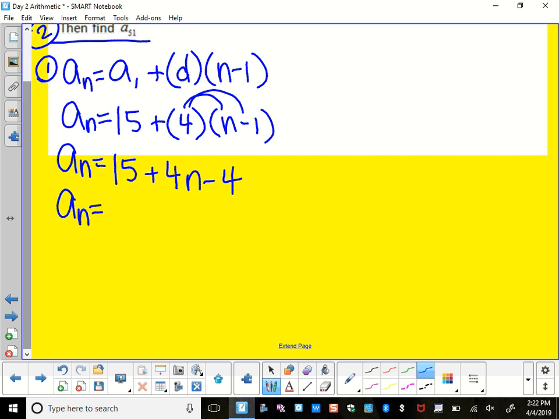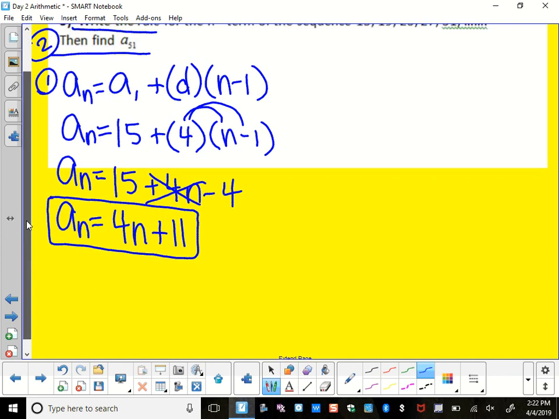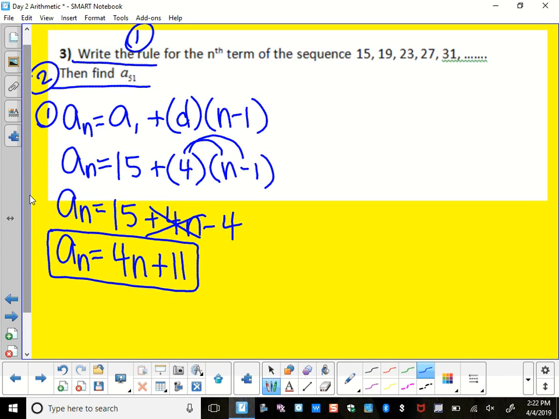So my rule is 4n plus 11, because that 4n went to the top, and then 15 minus 4 gave me 11. Alright, the second part of my question says, find the 51st term. Well, what's my rule? 4n plus 11, right?